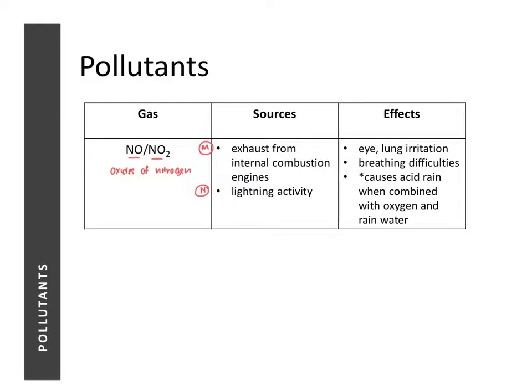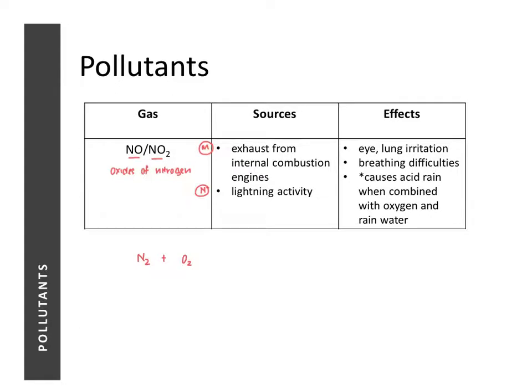Now there's actually some interesting chemistry behind the formation of oxides of nitrogen. If you think about it, the pollutant gas contains nitrogen and oxygen. So how are they formed? They must be formed from nitrogen and oxygen. And the fact that nitrogen and oxygen are the main components in air, so they are found in abundance in air.